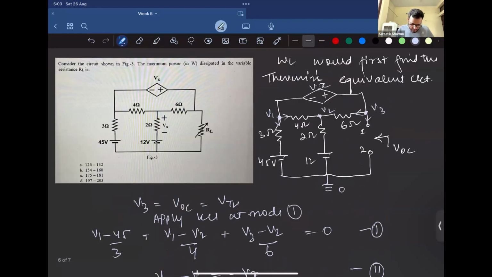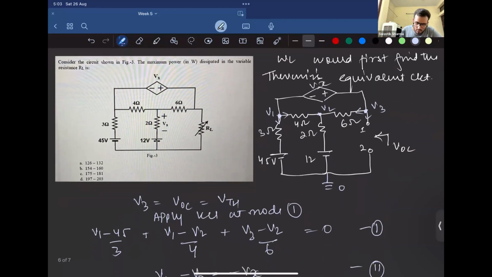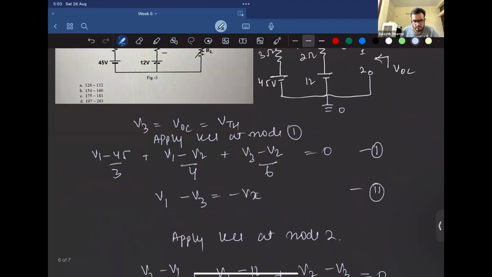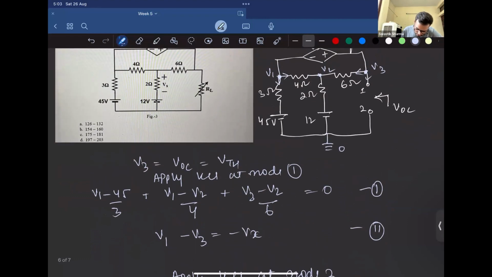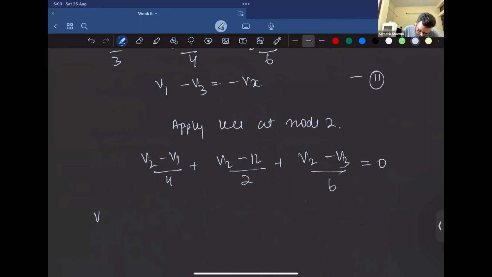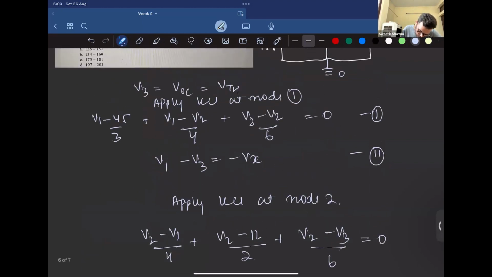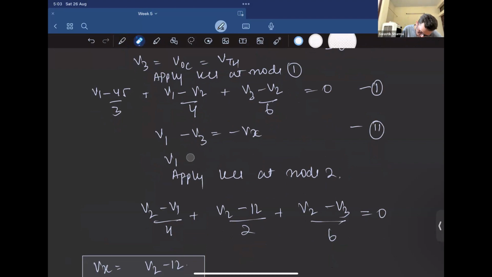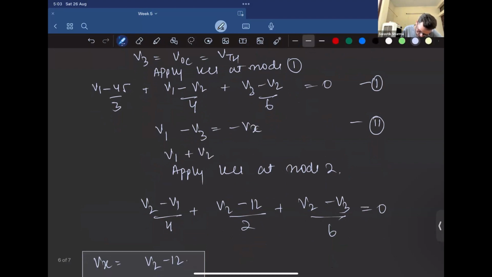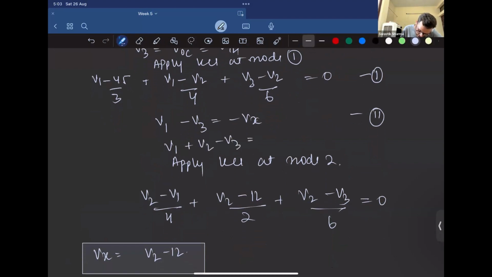Okay, now what is Vx? Vx is nothing but V2 minus 12, right? So we add over here, what would it be? V1 plus V2 minus V3 is equal to 12.